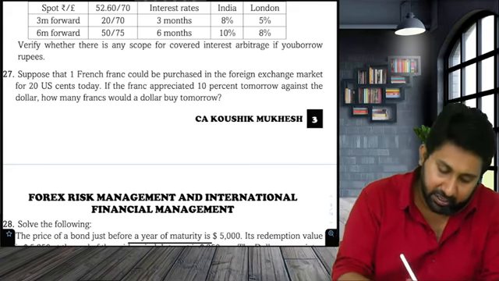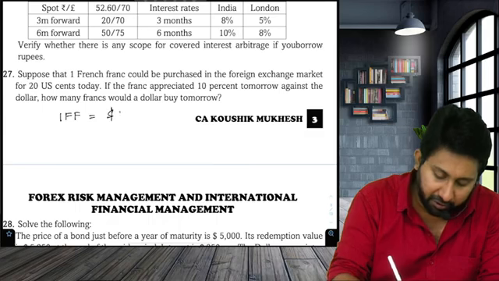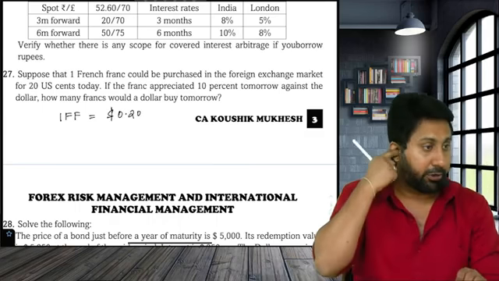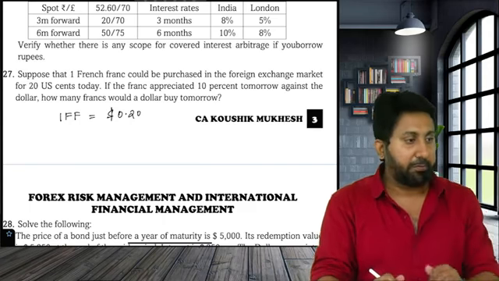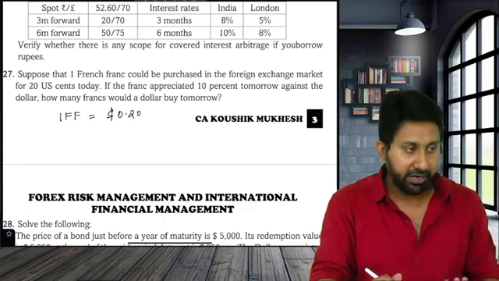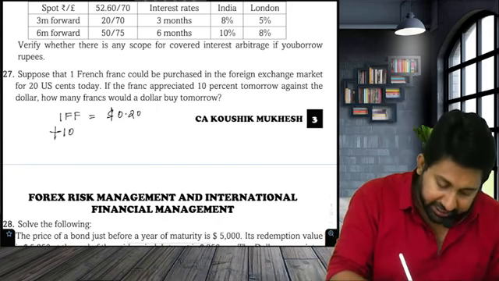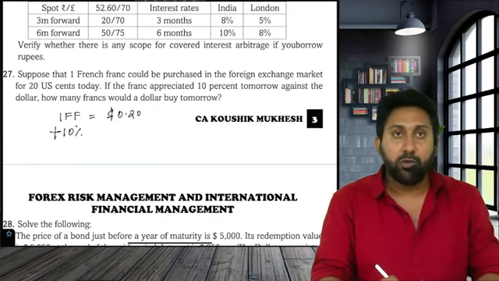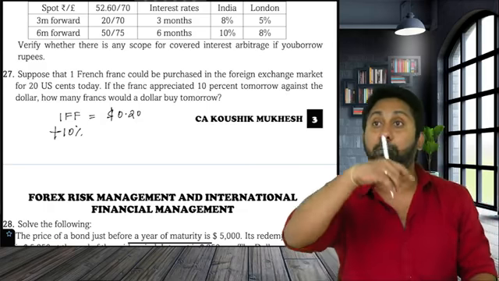What he said: 1 French franc could be purchased for $0.2 today. Franc appreciated. Whenever I say franc appreciated by 10%, you should not add that to the franc. You should add that to the opposite currency.